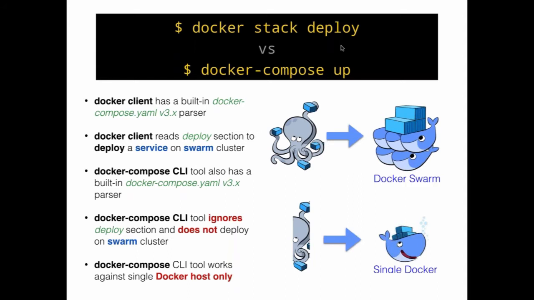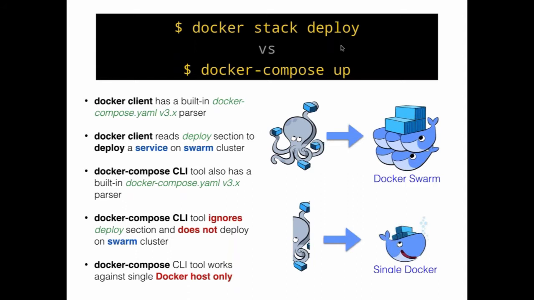It knows how to read this format. It also reads the new deploy section, which was introduced with version 3 of the Docker Compose format, and knows how to deploy what is described in this section on a Swarm cluster. So you can use your Docker Client to deploy a Compose application on the Swarm cluster.